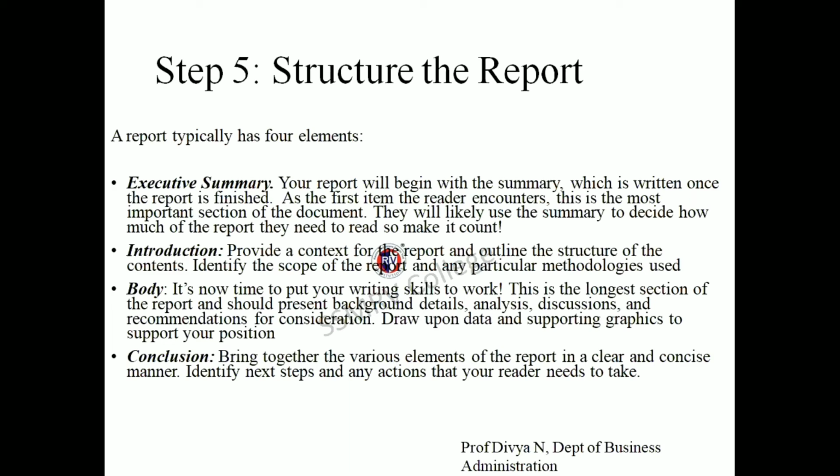The second part is introduction, wherein the researcher provides a context for the research and outlines the structure of contents, and also identifies the scope of the report and the particular methodologies used in the research.